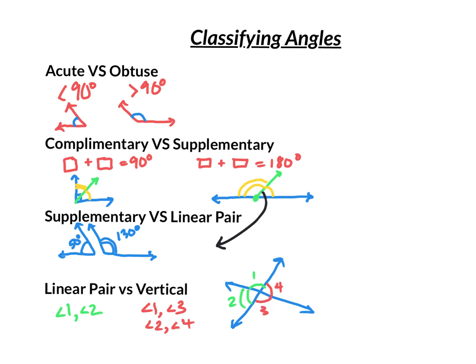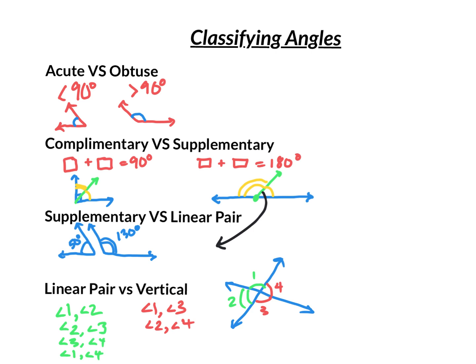We could also list more linear pairs here. For example, angle 2 and 3 are linear pairs. Angle 3 and angle 4 are a linear pair, and angle 1 and angle 4, because all of them are on the same side of the line. 1 and 2, 2 and 3, 3 and 4, and 1 and 4.